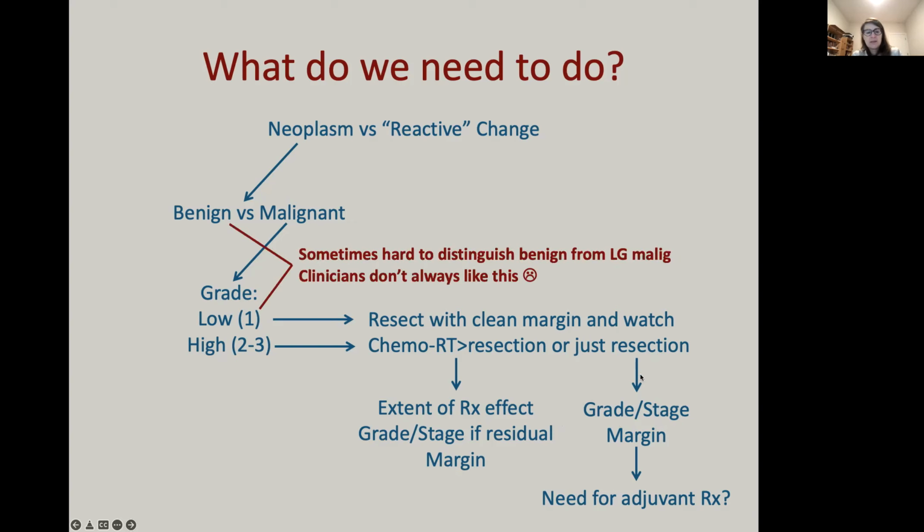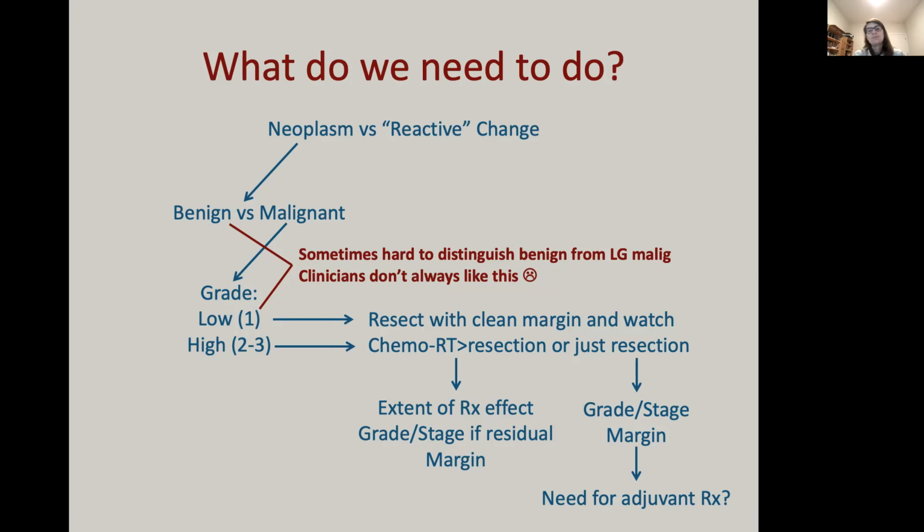So you may have seen cases where we call something a low-grade neoplasm, right? Because we're not sure whether it's benign or low-grade malignant. And sometimes this is sticky because sometimes the clinical treatment may change. Sometimes it may not. So this is where going to the tumor boards and having an honest discussion with the surgeons and the clinicians is important, because it's helpful for us to understand how their treatment is going to change, and it's helpful for them to understand why we may or may not be certain.